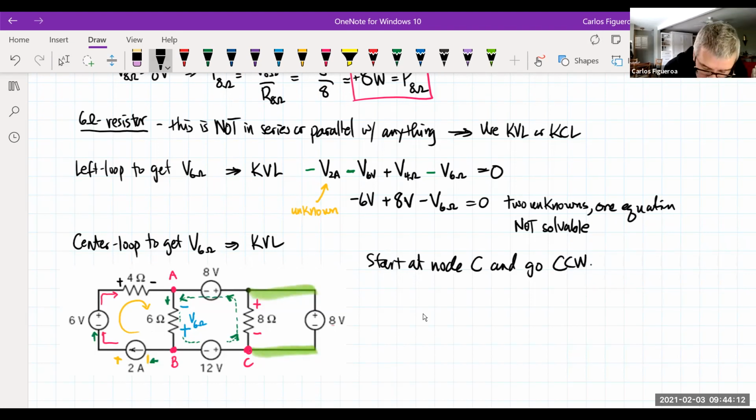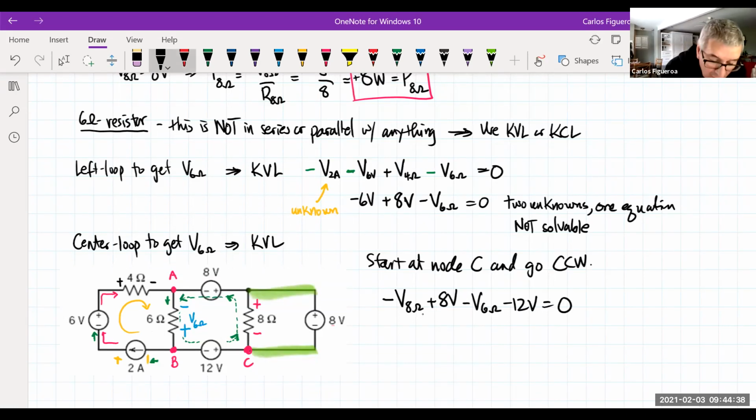I hit the negative voltage here. So this is going to be the negative voltage of the 8 ohm. I keep going. Look what I get. I get positive 8 volts from the source. And then I hit what? I hit the negative voltage of the 6 ohm. And then I come all the way down. And then I hit the negative 12 volts. And then I sum that equal to 0.